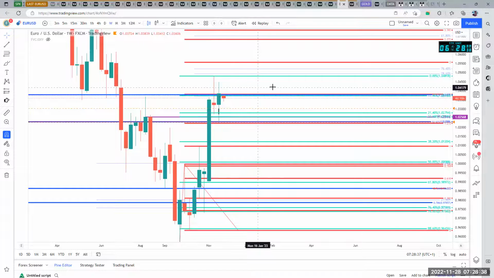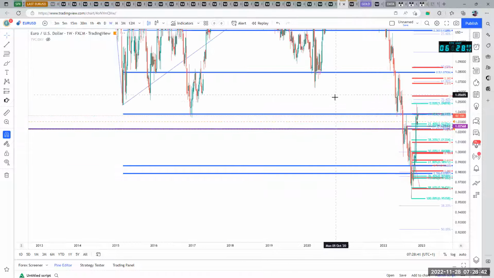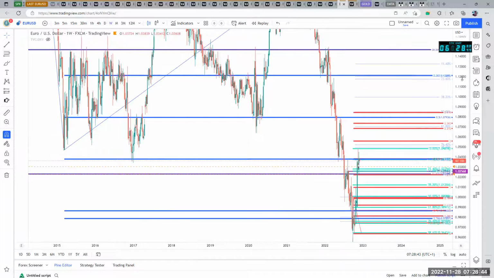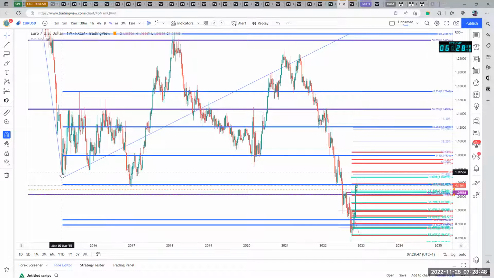And concerning the blue one, the blue one is a major one. I've been speaking about it in the Twitter feed for a very, very long time. It's a very big monthly ABC down, which had the 61.8 as a bottom in 2016. We retested it several times in 2022, finally broke through it, retested it from the downside in a bounce, and that's when we posted the lows of this year.